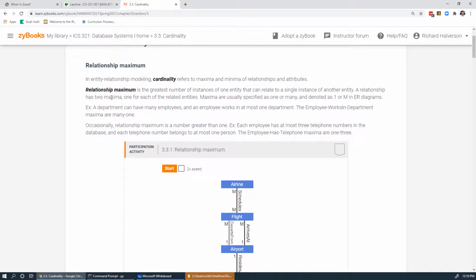A relationship has 2 maxima, one for each of the related entities, one for each side. Maxima is usually specified as one or many, or as one or m in ER diagrams. A department can have many employees. An employee works in only one department, though. So, many to one.